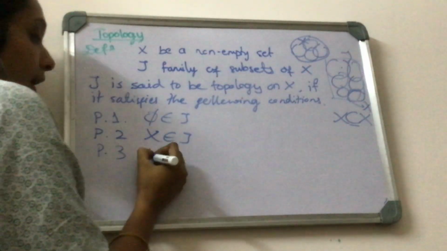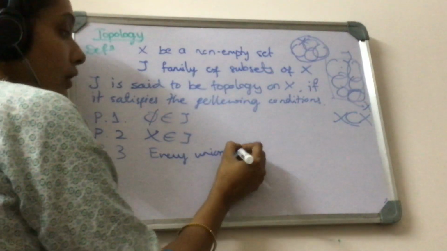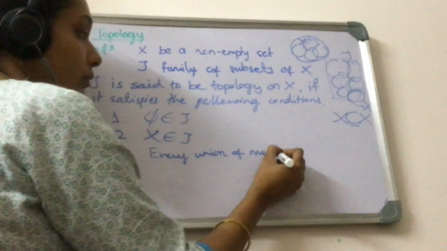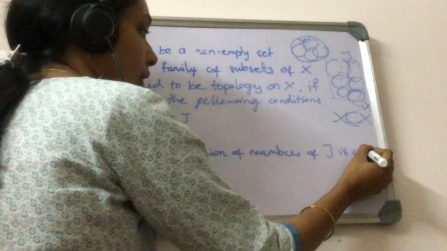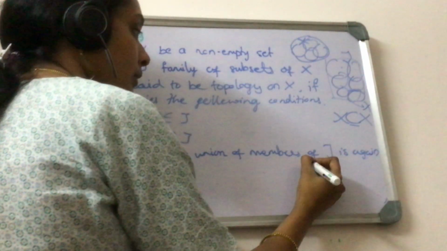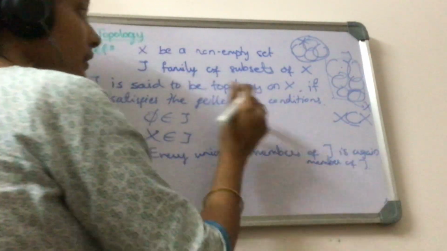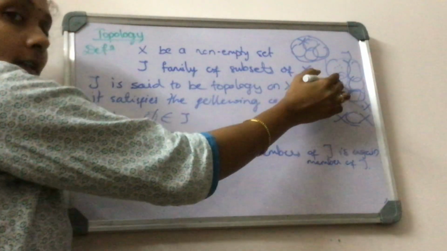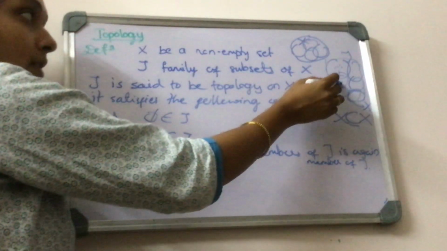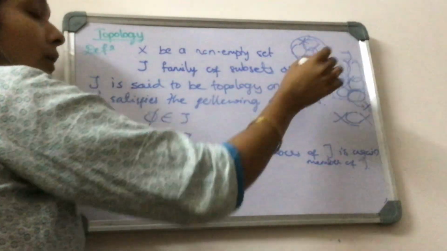Next, every union of members of tau is again a member of tau. If you take the union of any two sets in the collection, the union is again a member of tau.